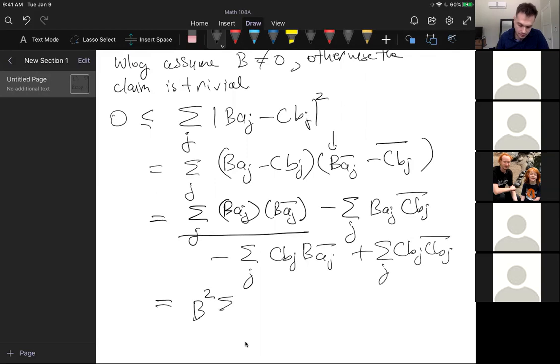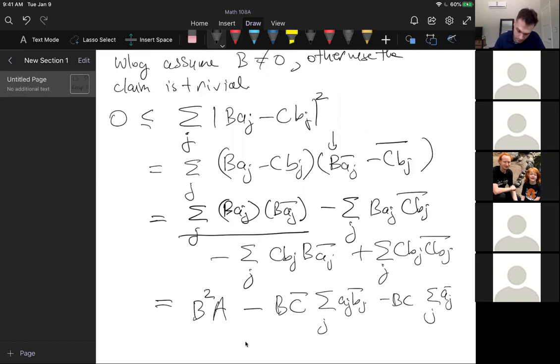So it's going to be the sum over J of AJ squared, but I've defined that to be A. So that's just going to be A. And then similarly with the other terms, it's going to be BC bar sum over J AJ BJ bar, minus BC sum over J AJ bar BJ, plus the norm of C squared sum over BJ squared, like this.